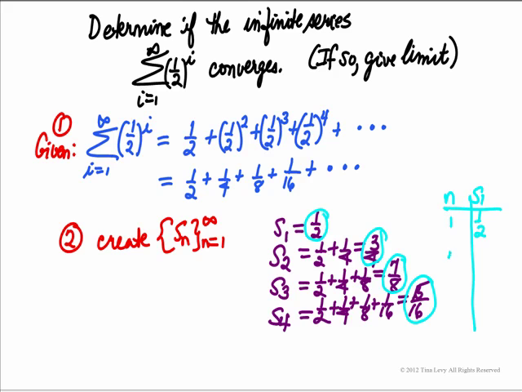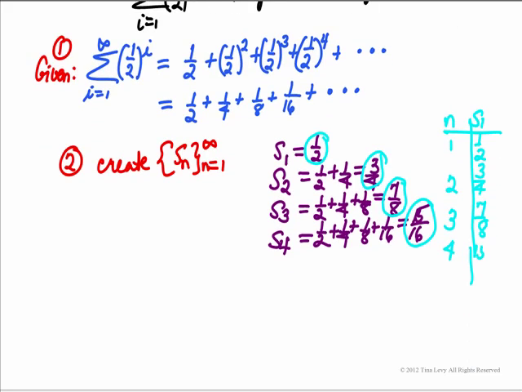When n was 2, the second partial sum was 3/4. When n was 3, that partial sum was 7/8. When n was 4, that partial sum is 15/16.